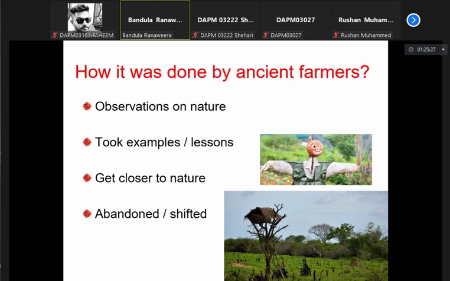By looking at the natural conditions, how the pest is under control in nature, they were trying to provide those conditions in agro ecosystems also. So they saw that some pests go away from human beings and are disturbed by our presence.